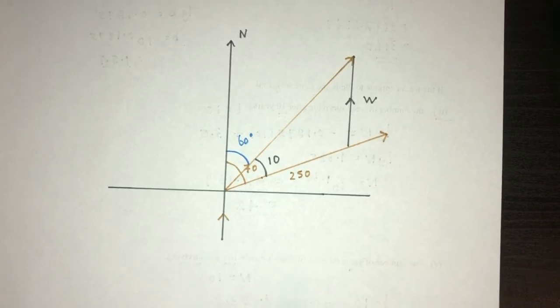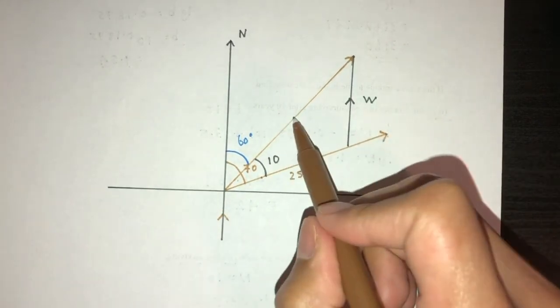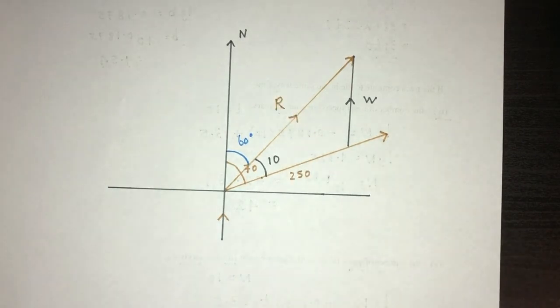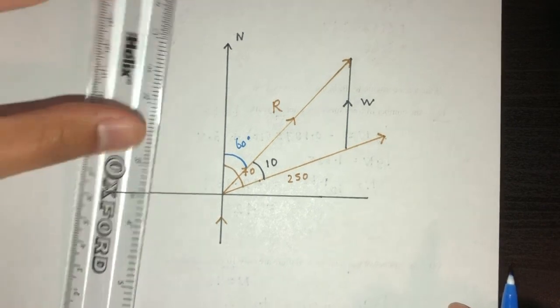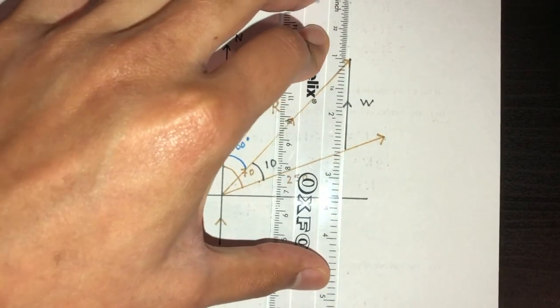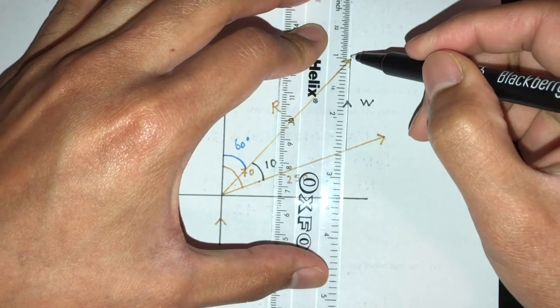So the question is, we have to find the wind speed and the resultant speed. So how can you find this? Let's see how we can play with the values and the things that we have, and use that to help us find those values. These two will be in the same direction. If you observe, the wind speed and the north line are both in the same direction.